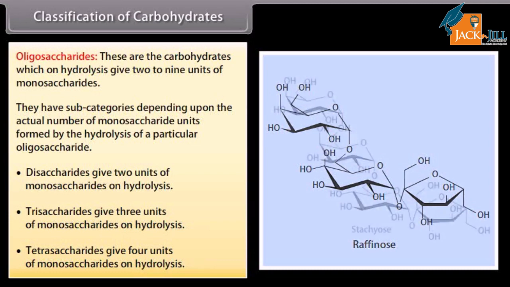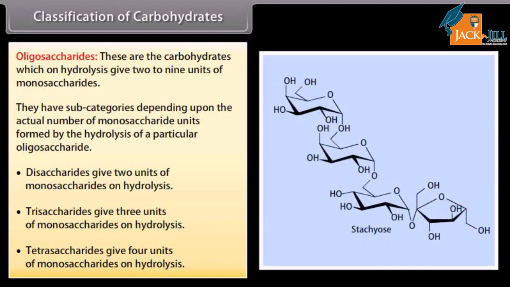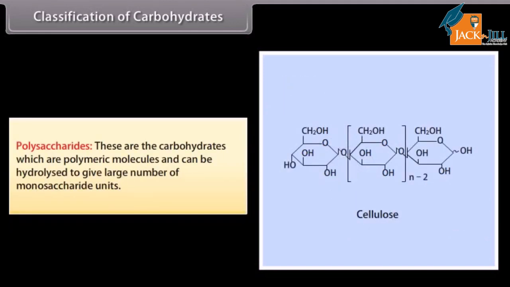For example, stachyose. Polysaccharides. These are the carbohydrates which are polymeric molecules and can be hydrolyzed to give large number of monosaccharide units. For example, starch, glycogen, and cellulose.